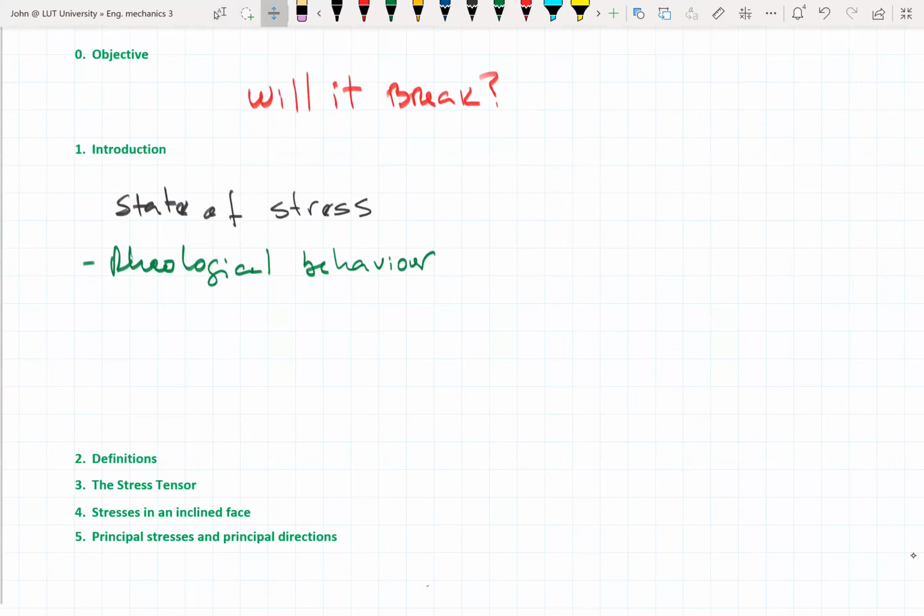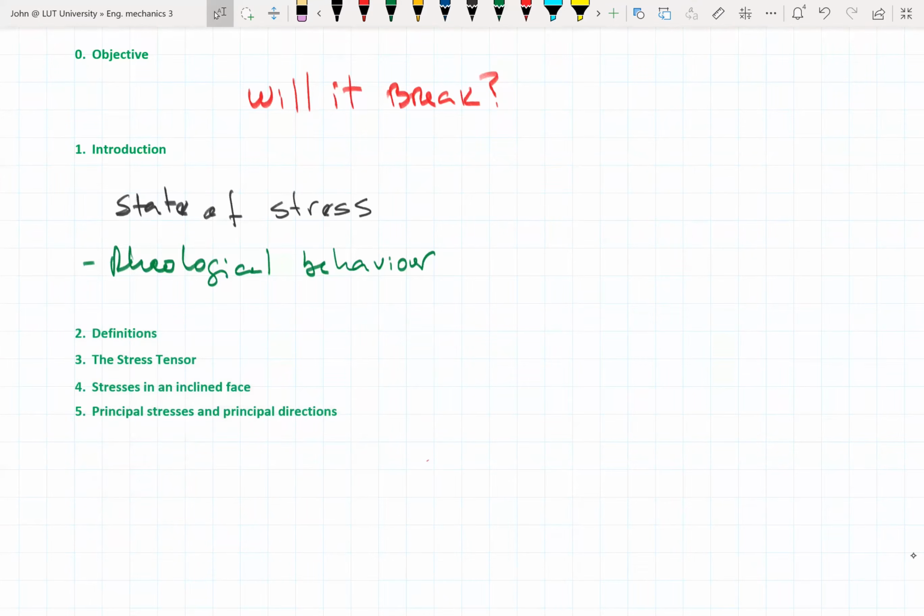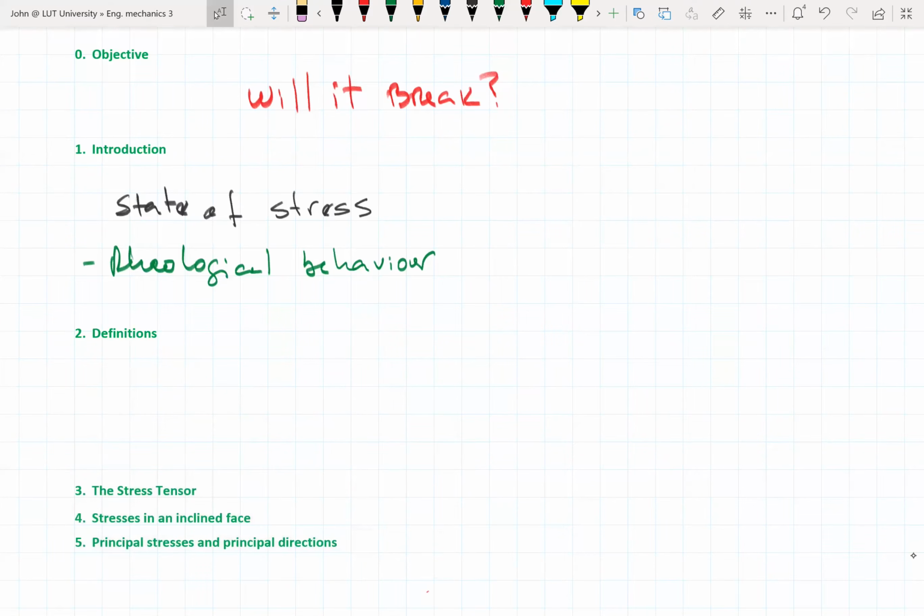So let's continue here. One important thing to define, something that you already know, is that any action acting on the body, everything that causes deformation, everything that is acting on the body is going to have a consequence. So this consequence is going to be, let me write it here.